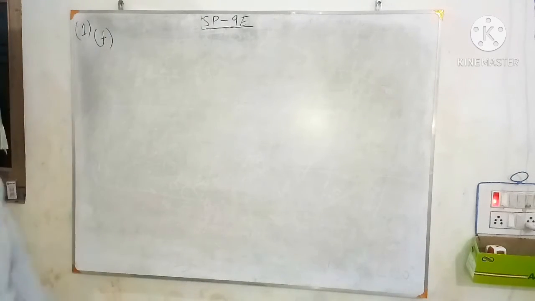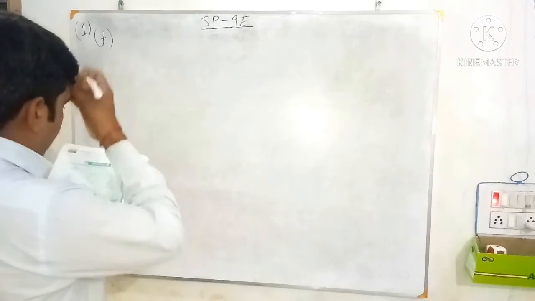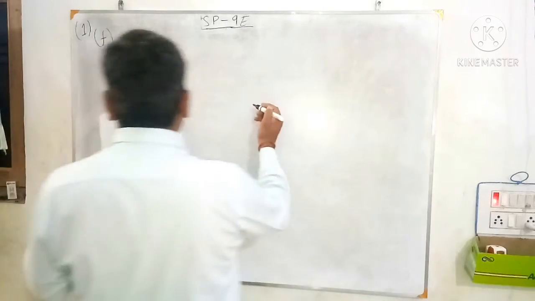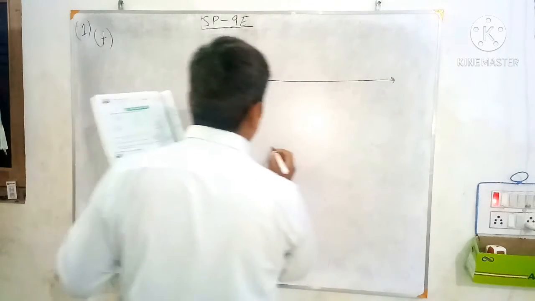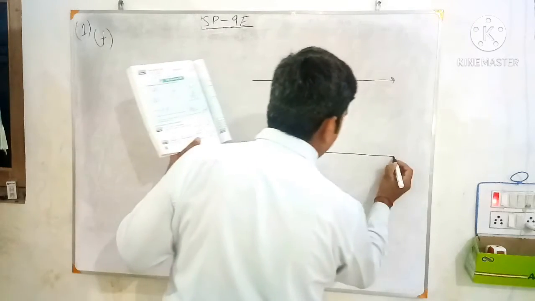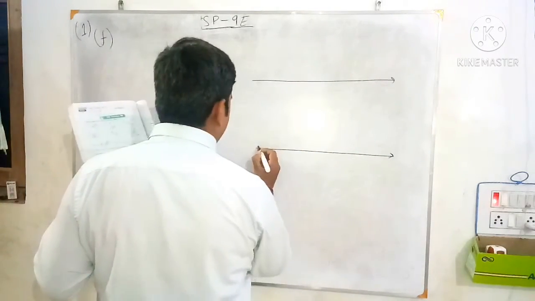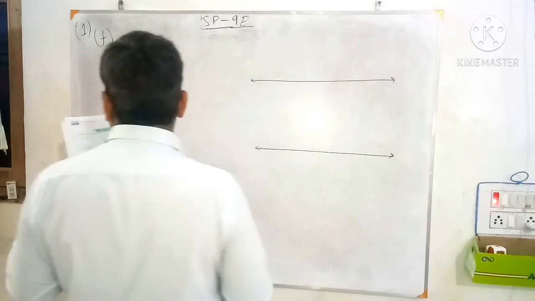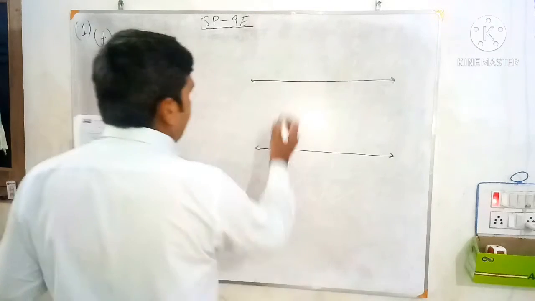Now see the question number 1F. Two parallel lines are there. These two lines are parallel. And after that, there is one transversal.